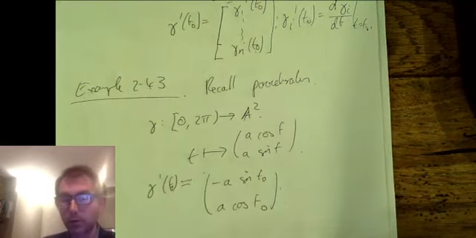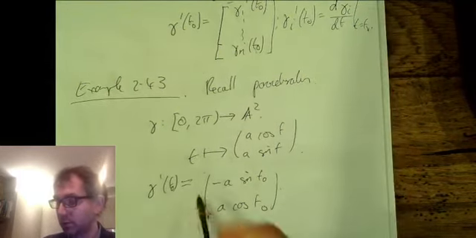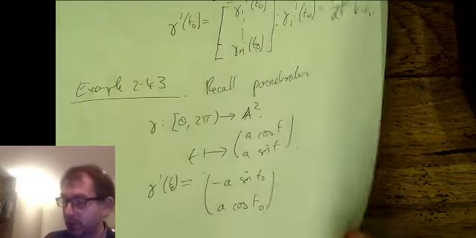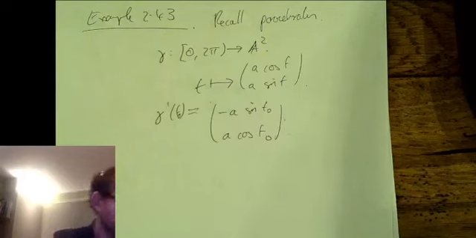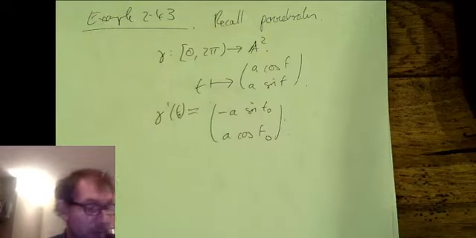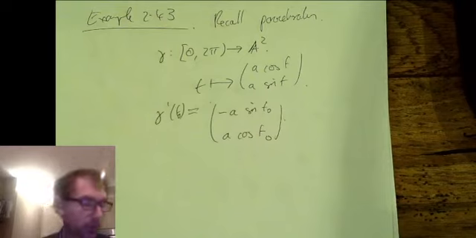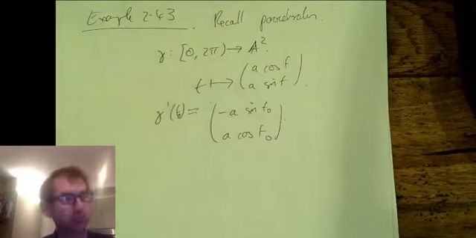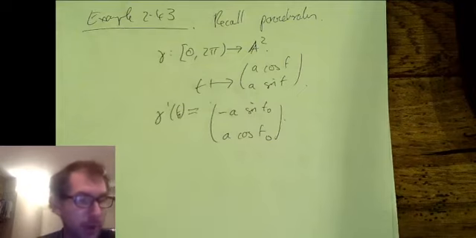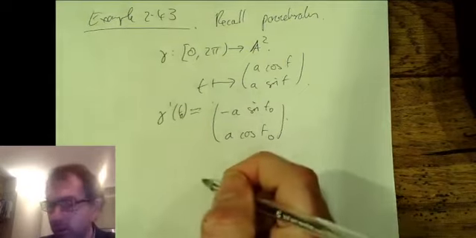So that is the velocity vector that we get at the point t0. And you can see that you really do get a vector that is tangent to the curve that you're looking at.